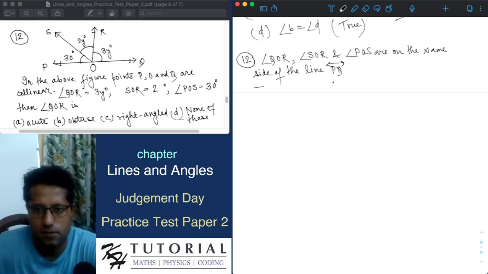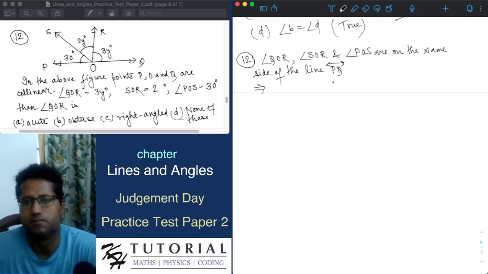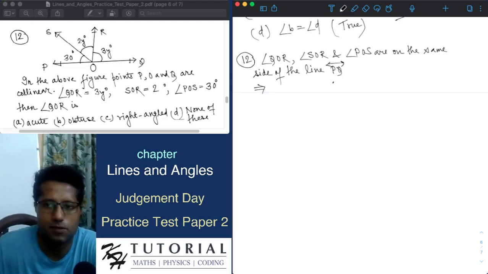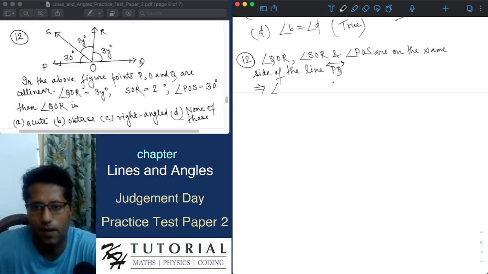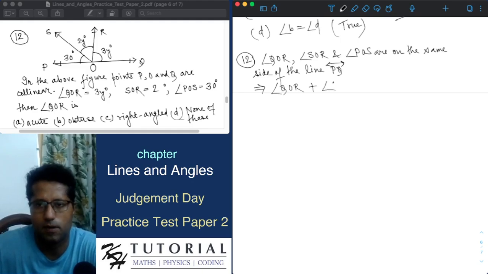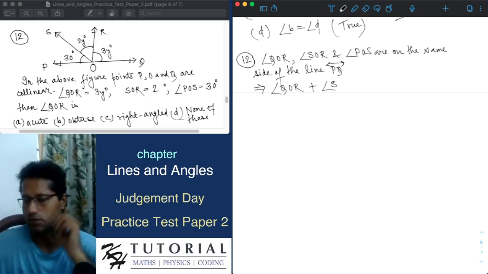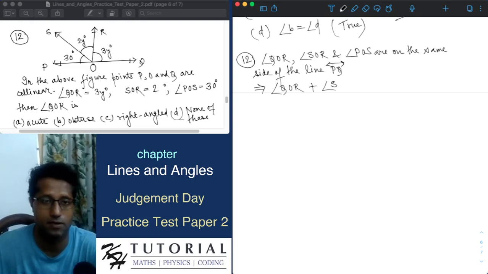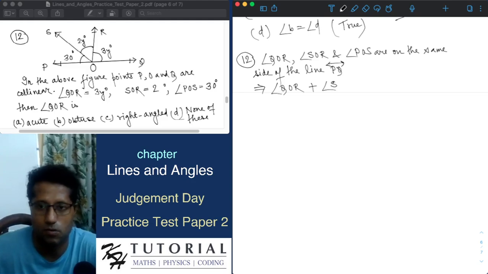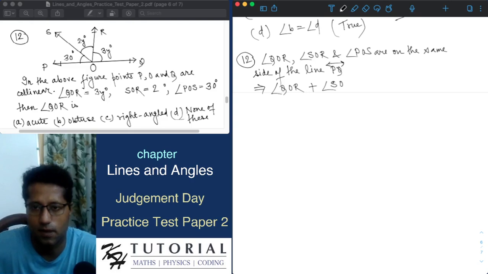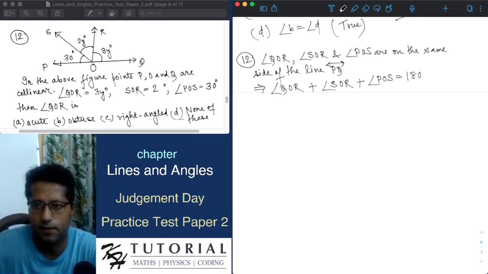So this implies that the sum of all angles made on the same side of a straight line is 180 degrees. So we have angle QOR plus angle SOR plus angle POS equals 180 degrees.